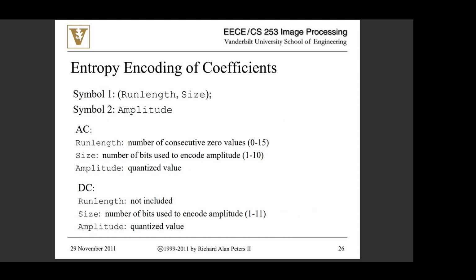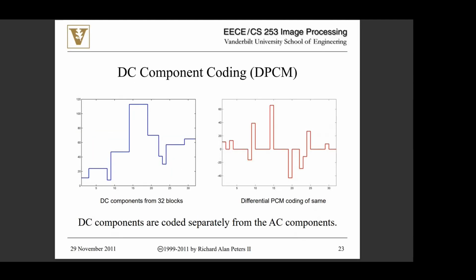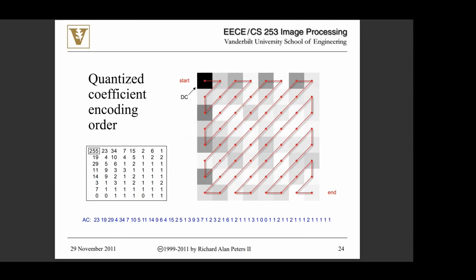So for the run length, we have not seen it here, but there will be sequences of zeros. It is not a very good example, but there will be many zeros in this list.